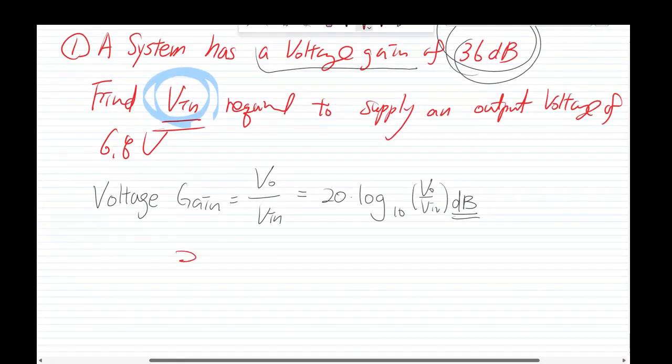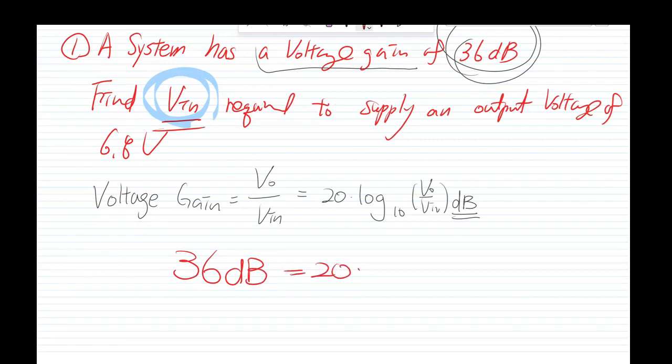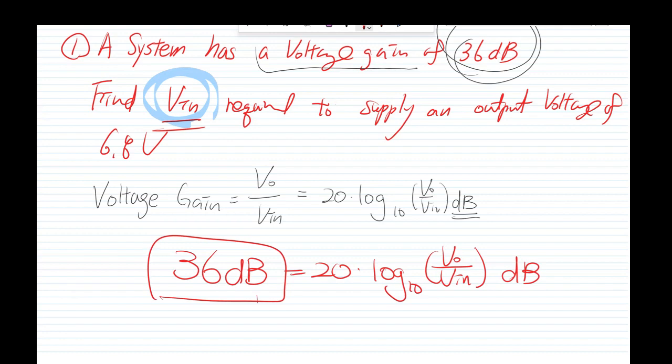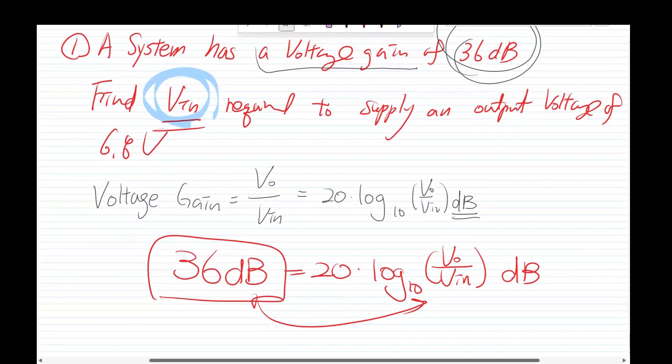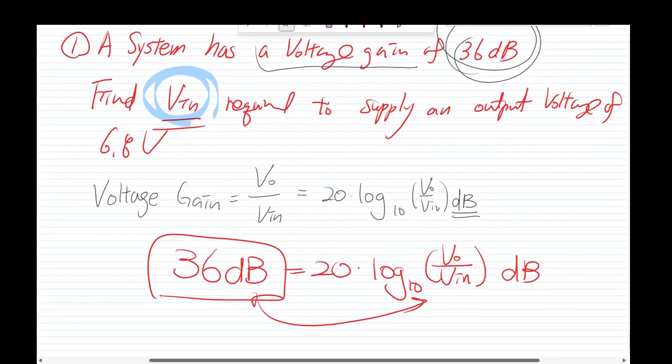36 dB means like this one: 20 log sub 10 V sub 0 over V sub in, in dB. That's it. Yeah, we are looking for the V sub in, right?